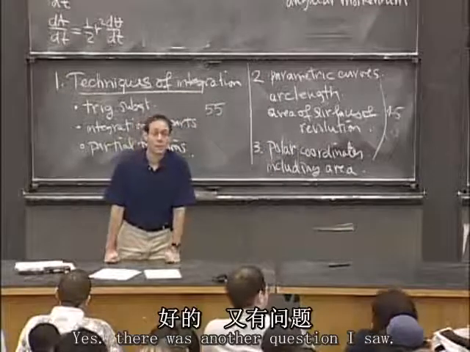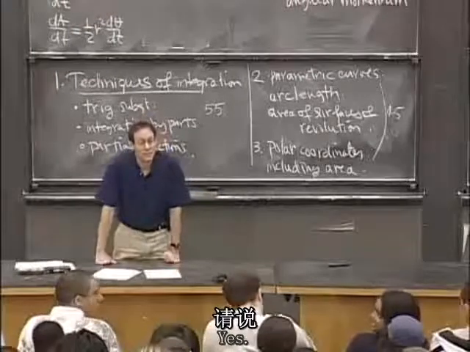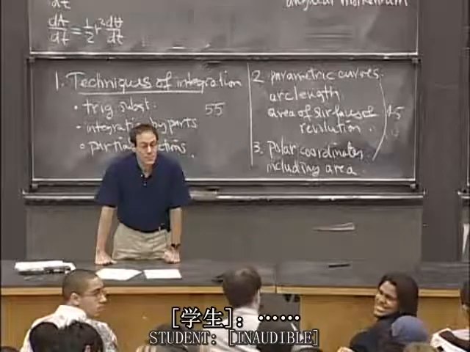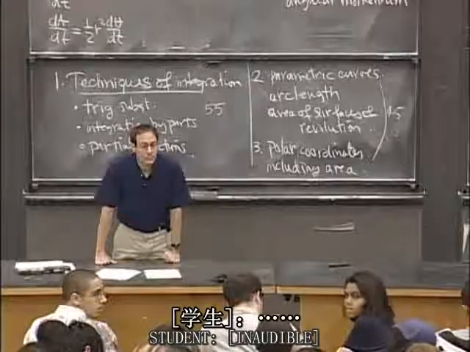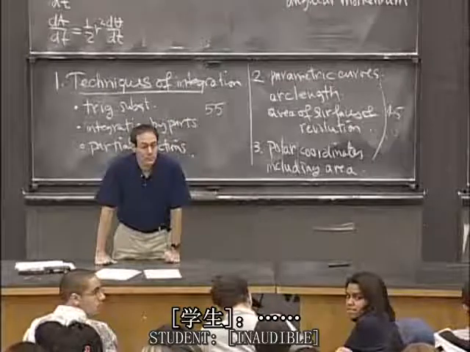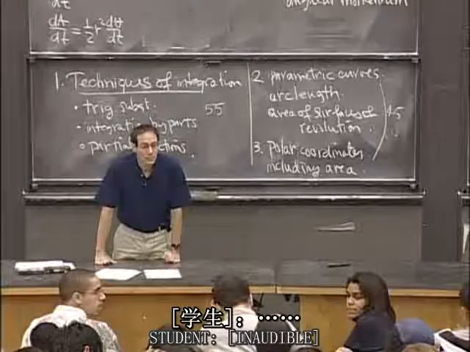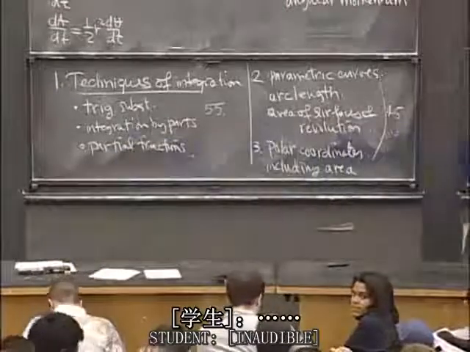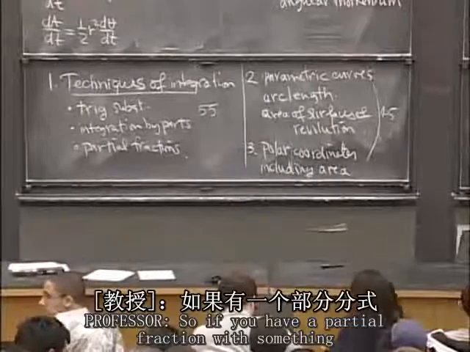There was another question over here. For partial fractions, when you have something in the denominator that's raised to a power, you have to break it off into every power less than that, right? Like the example here with x plus 2 squared. One of your partial fractions is going to have to be over x plus 2 squared.